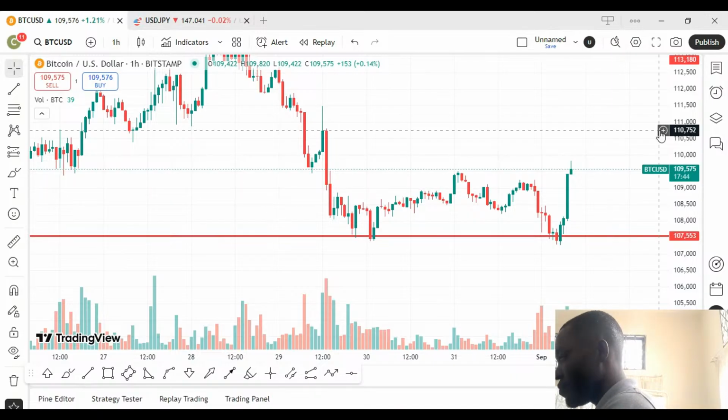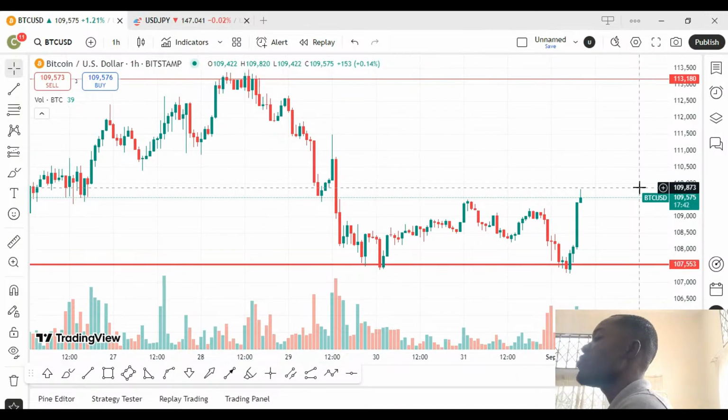Now, if you are joining a short-term trend, and last time I told you, you don't really need to trade for a whole day, or for hours. Sometimes it's just a 30-minute or 1-hour candlestick you are going to trade.